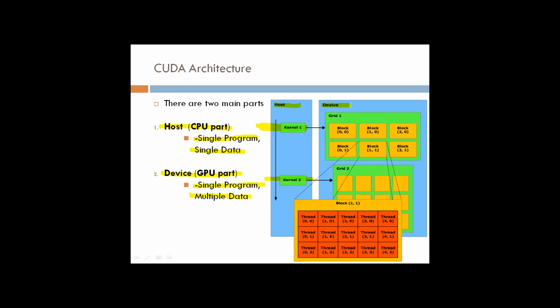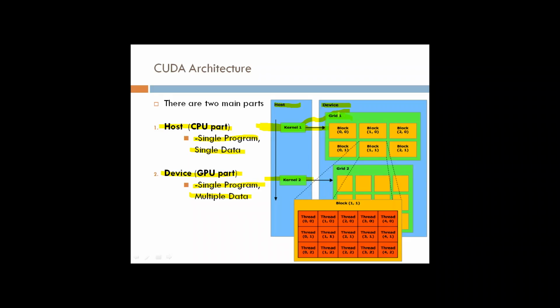Now, how is the kernel executed on the device? Basically, it is executed in a multi-threaded environment. A kernel means it is launching multiple threads. Multiple threads are grouped into different categories.